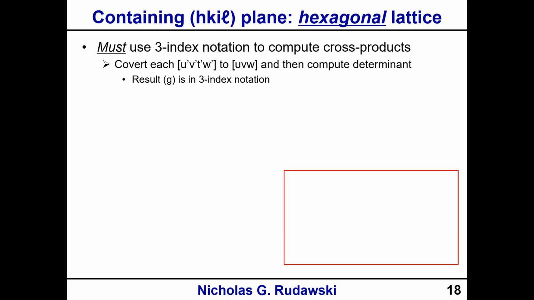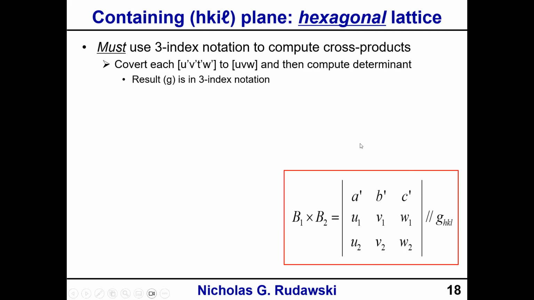So we have to first convert them to 3-index notation, and then compute the determinant. This is very similar to what we did in the previous slide, except now we're using lattice vectors to give us a G vector. And again, it can be shown that this is valid for any lattice type, not just cubic and not just hexagonal.